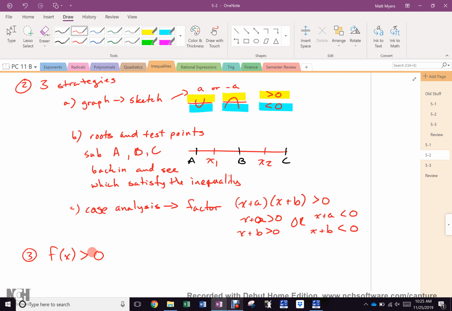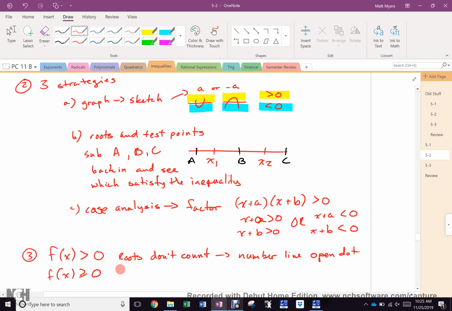No. So when we graph it on the number line, it gets what? An open dot. What if it's that one? Roots do count. So it's a closed dot.